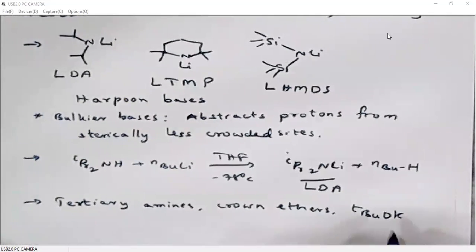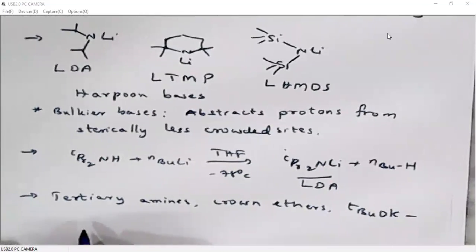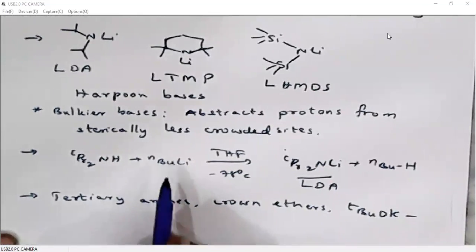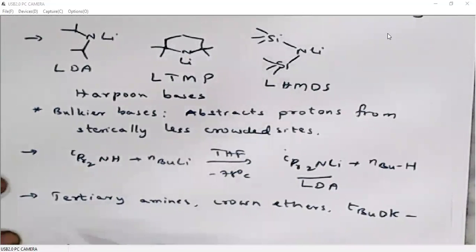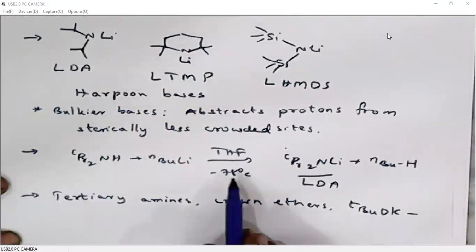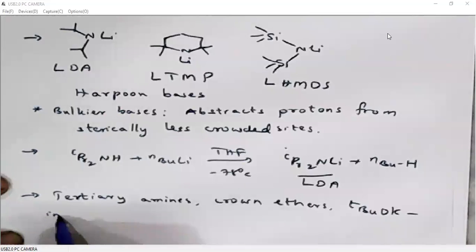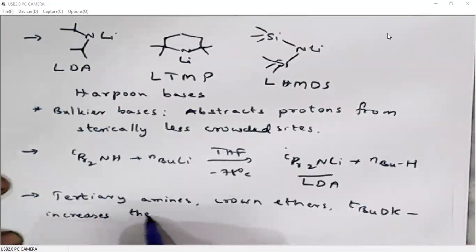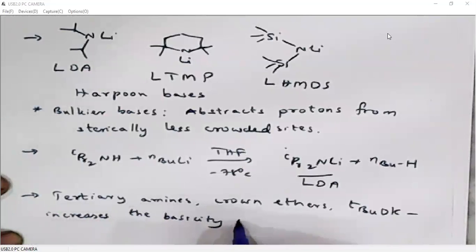At the same time, when we use alkyl lithium along with any of these bases, they increase the reactivity of alkyl lithium. They increase the basicity as well as the nucleophilicity. So we can simply say they increase the reactivity of alkyl lithium.